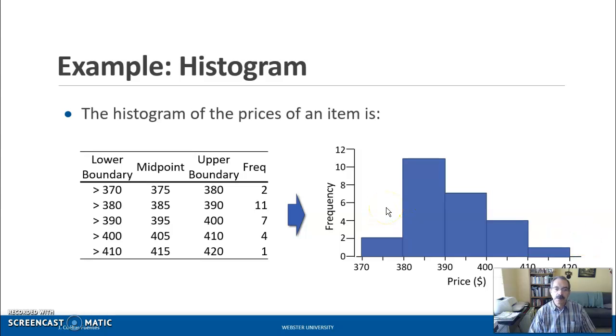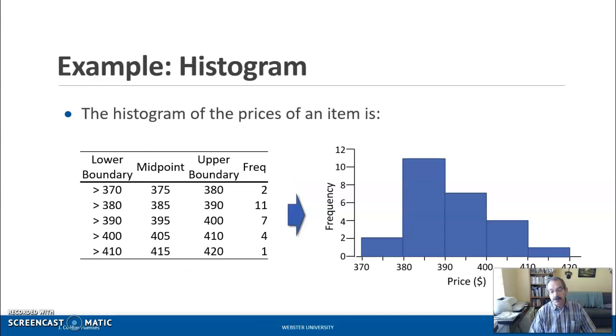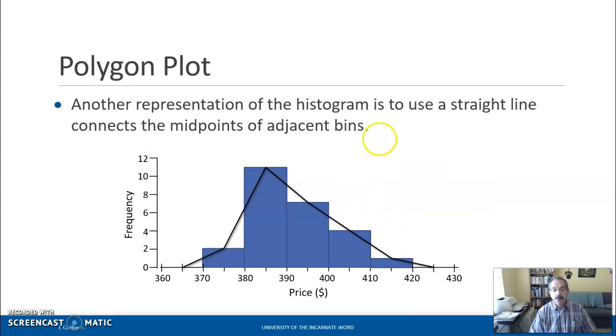Now let's talk about the polygon plot. So this is the histogram. The polygon plot is a simple graph where we add segments that connect the midpoints of the different classes. The difference with the histogram is that we need to include another class below the first class that we have in the histogram, and another class beyond the last class in the histogram.